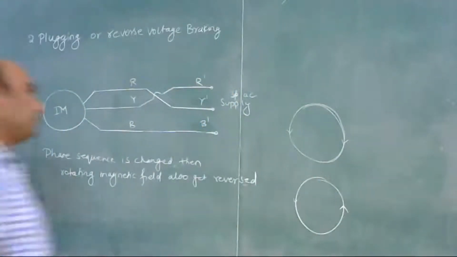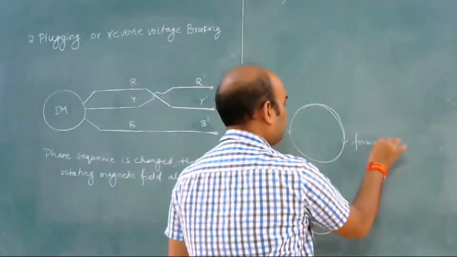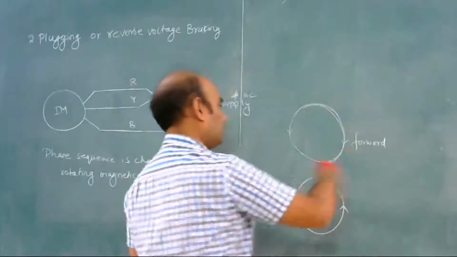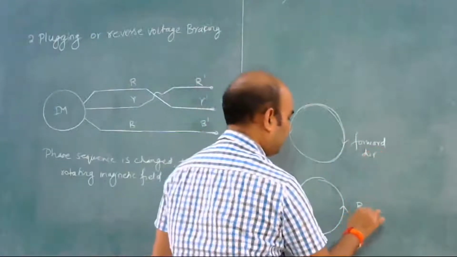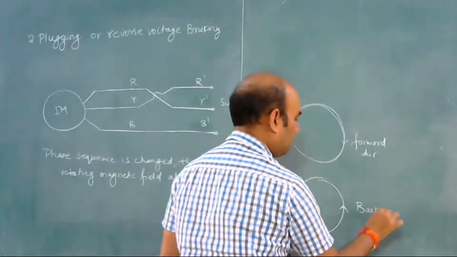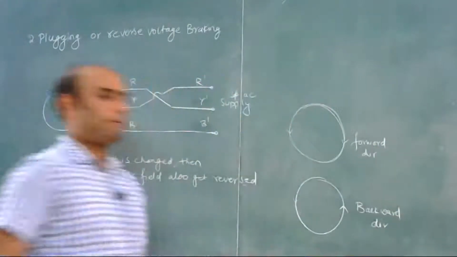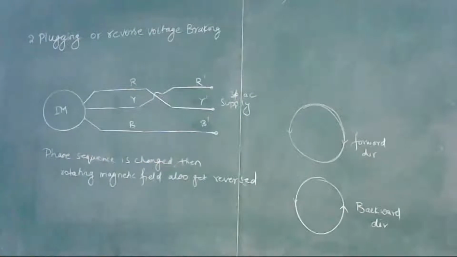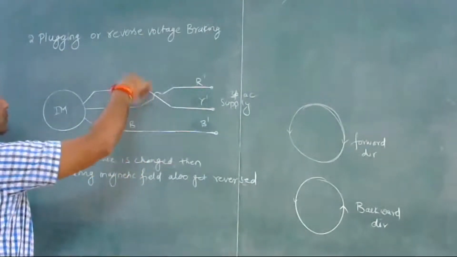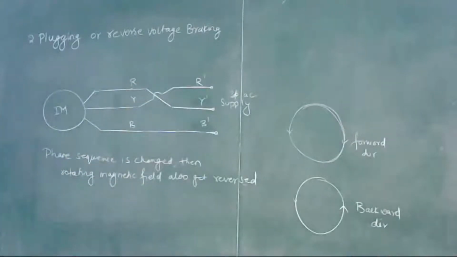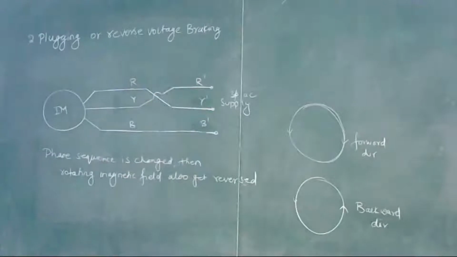If this is the forward direction, it will now rotate in the backward direction. So here we are interchanging two motor phases with respect to the motor terminals.